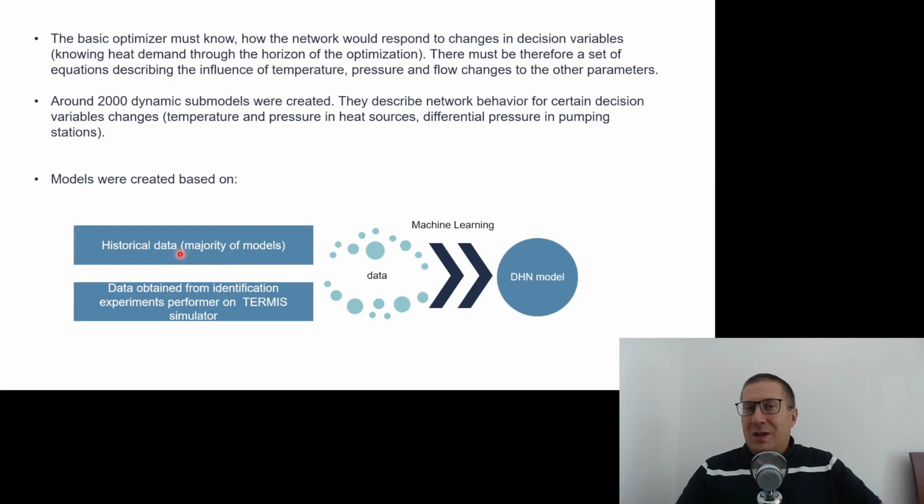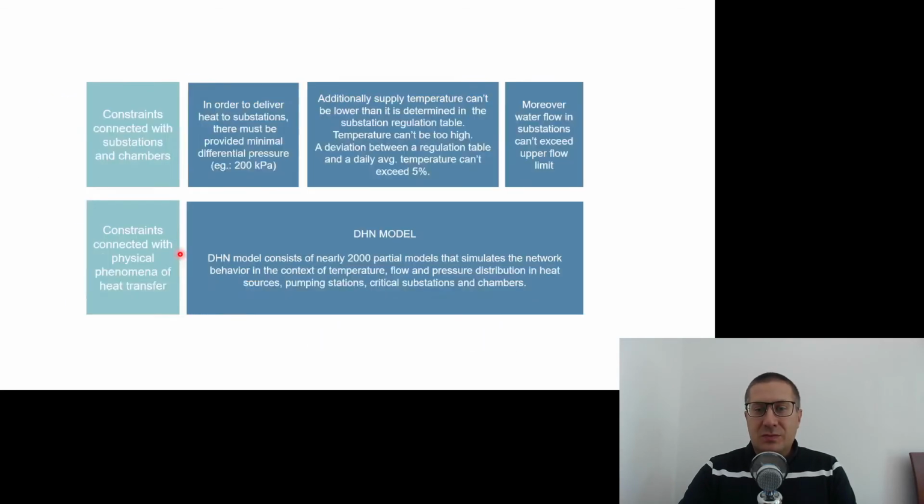This is a very abstract discussion, but for instance, in this particular case, the water temperature in one of the heat sources was changing in the same way, had the same or very similar value as the water temperature in another heat source. Let's get back to this map.